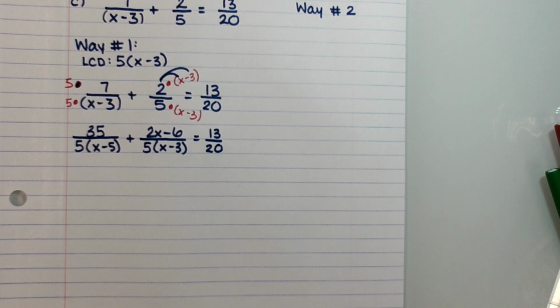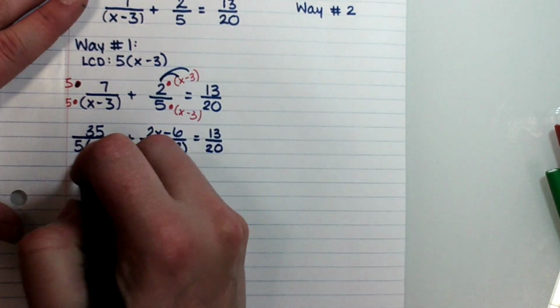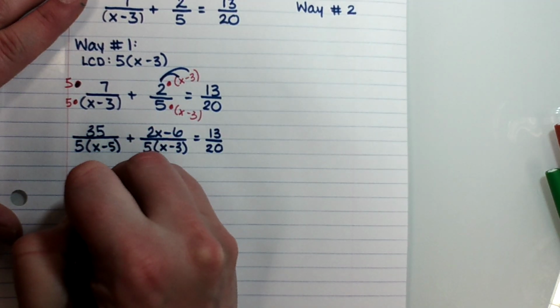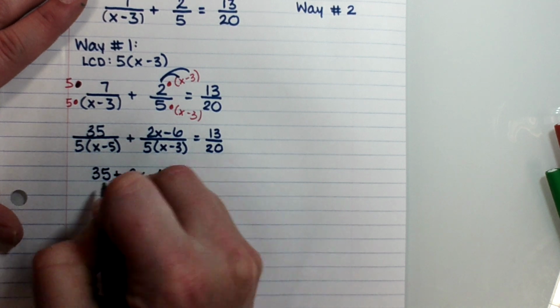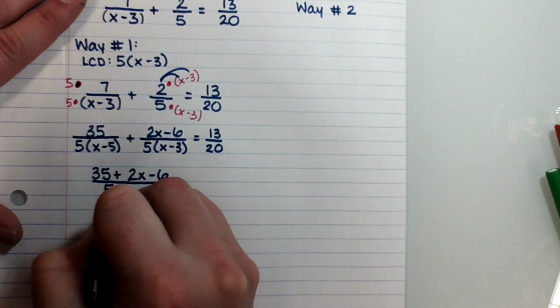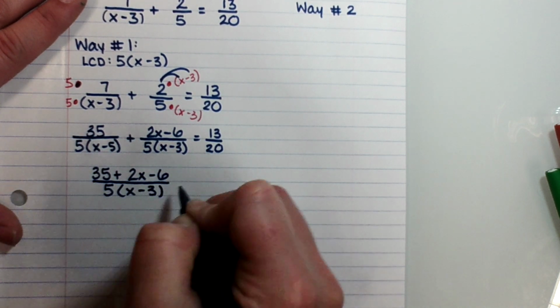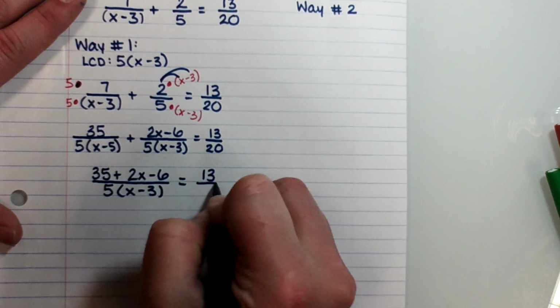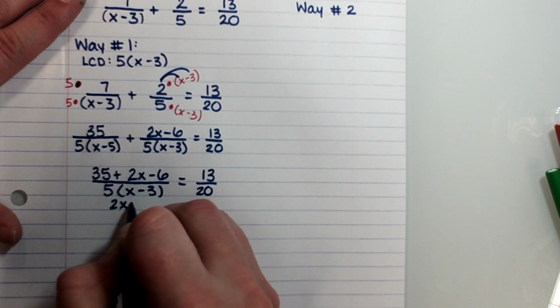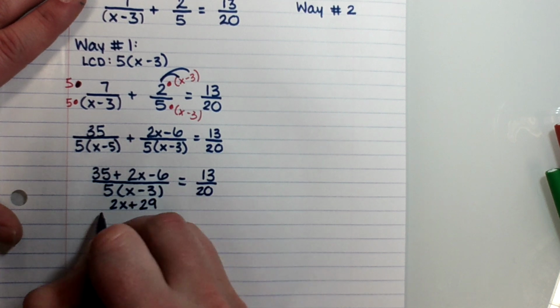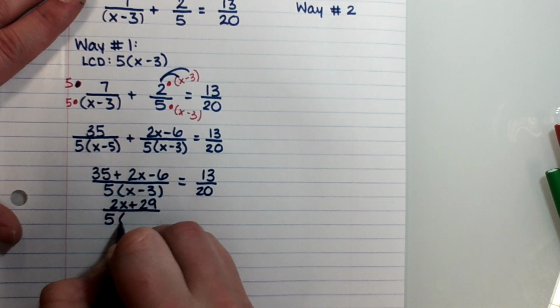Once we get a common denominator, we add or subtract. In this case, it's add. 35 plus 2x minus 6 all over 5 times x minus 3 is equal to 13/20. And I combine like terms. 2x plus 29 over 5 times x minus 3.